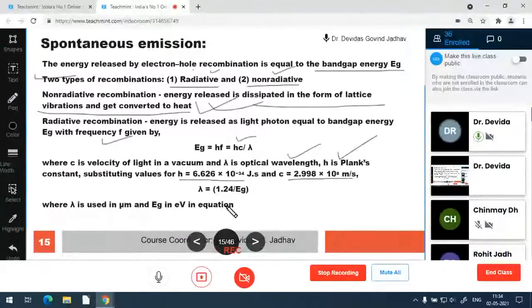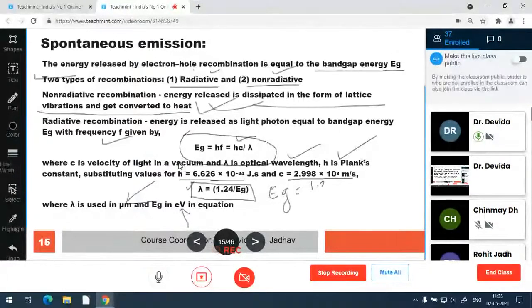If all these are substituted, and lambda is taken in micrometers and the band gap energy Eg is taken in electron volts, this formula becomes lambda equals 1.24 upon Eg, or Eg equals 1.24 upon lambda.